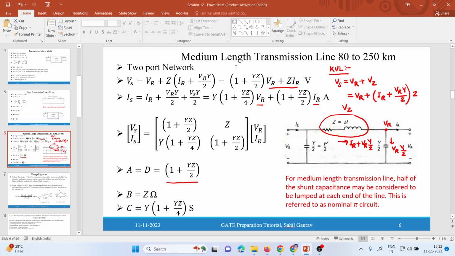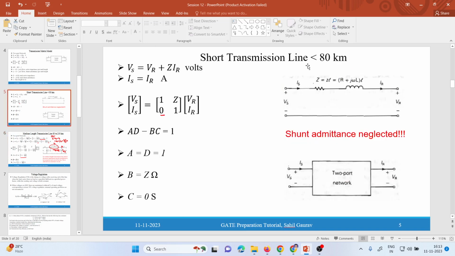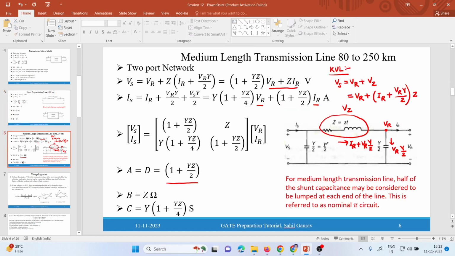So I was telling that. For short length transmission line, we usually take the length to be less than 80 kilometer. But this ABCD parameter will remain the same. It will not change. And for medium length transmission line, we use the nominal pi modeling.